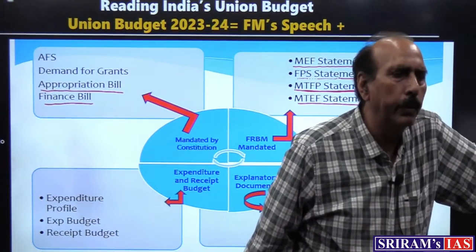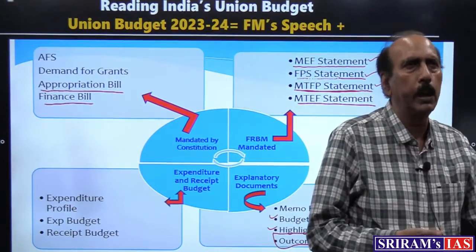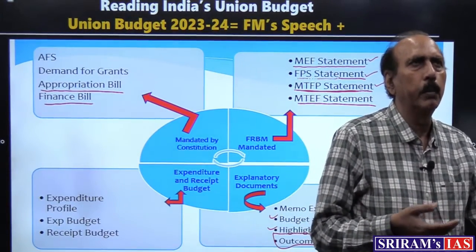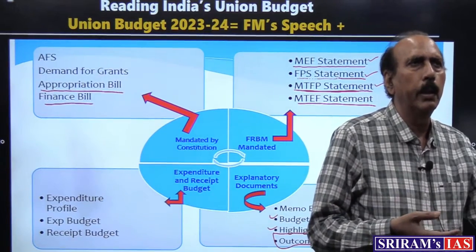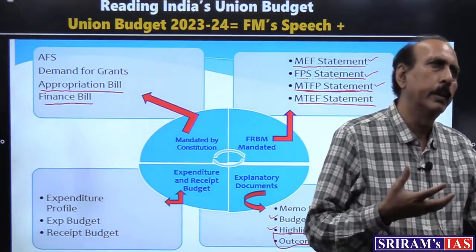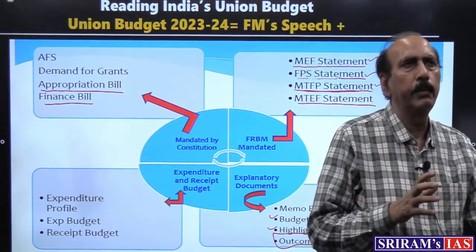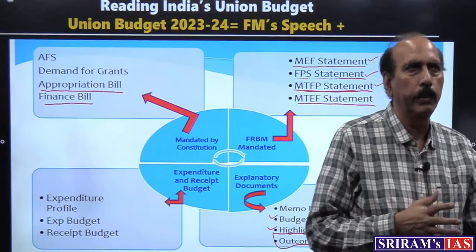After discussing a particular ministry's detailed demand for grants, the standing committees give their recommendation to the speaker: yes, their outlay as proposed may be approved. Therefore, when the recess is over, the speaker has the recommendations of all the standing committees.